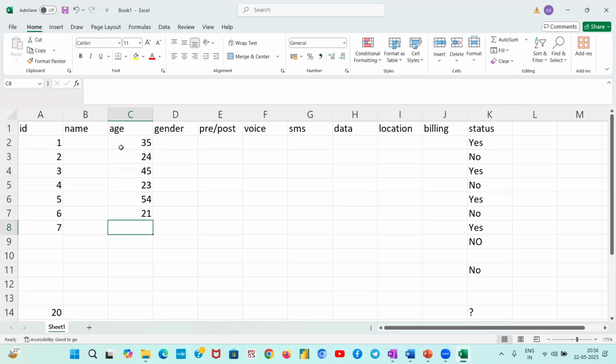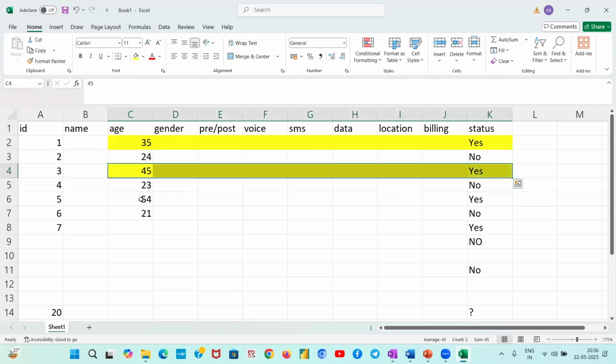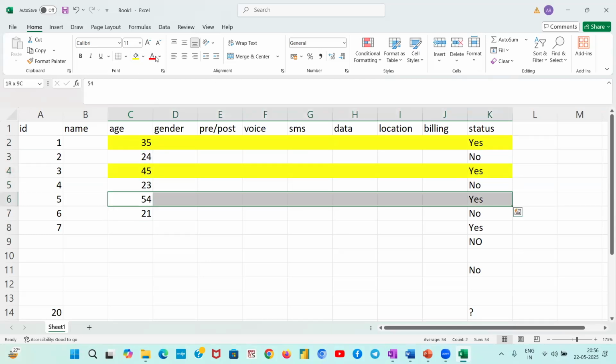That is the combination I'm trying to observe: which people actually belong to a similar group. Our machine is also observing the pattern. Which age people are influencing as yes, which as no?